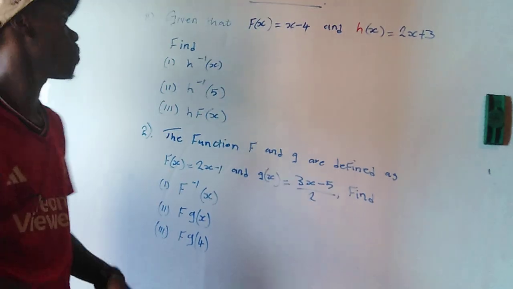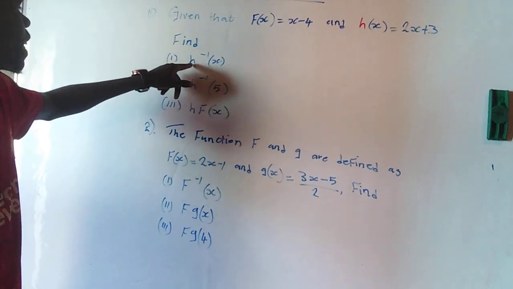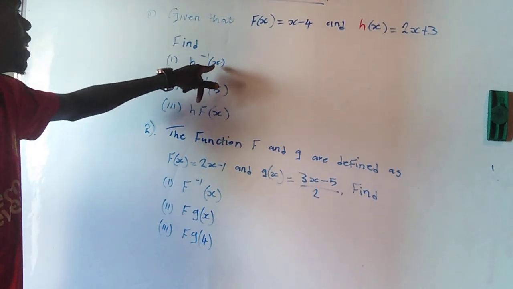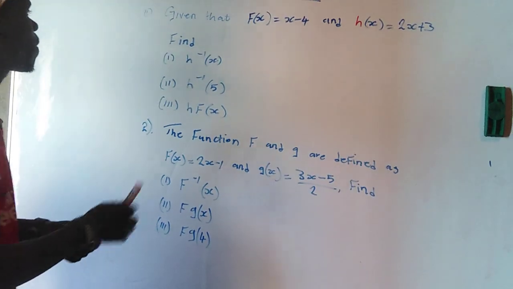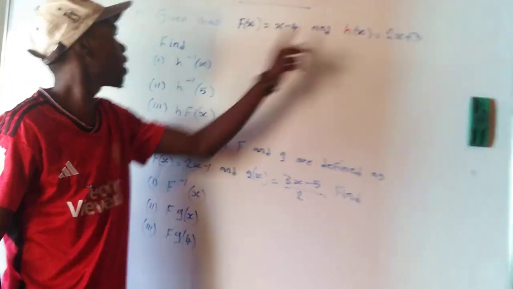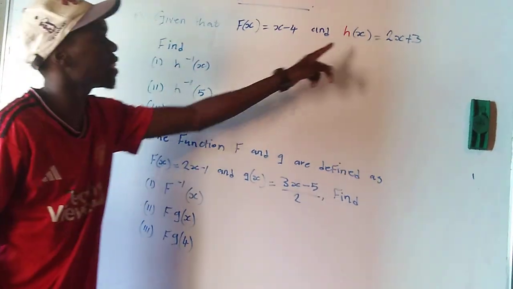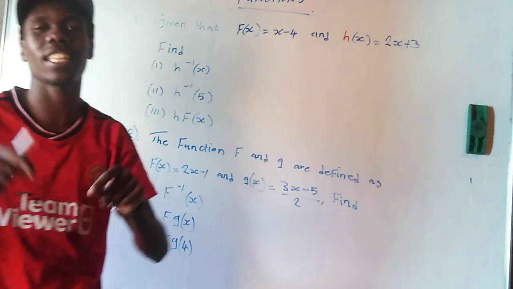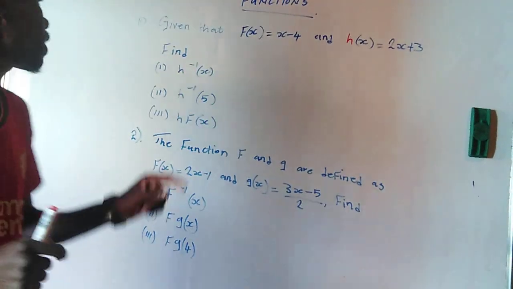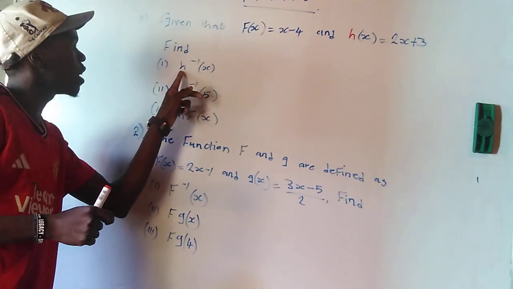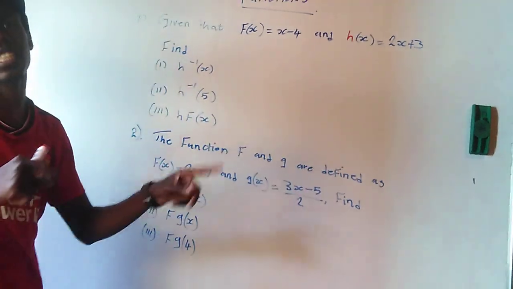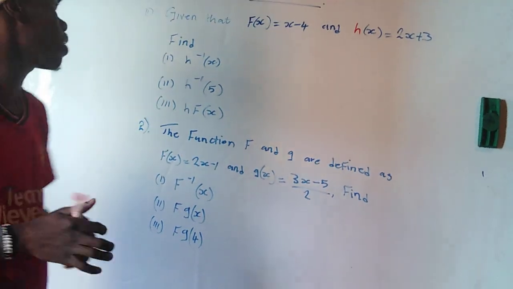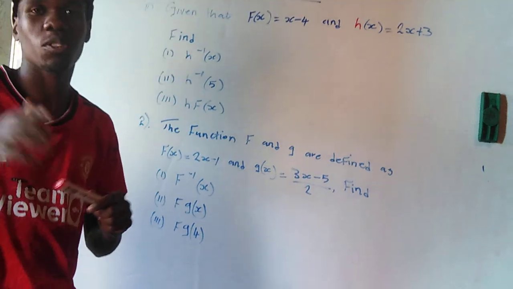The question is saying h to the power negative 1 inside the bracket x, so we are finding the inverse of this. Since there's h here and there's h here, I'm supposed to find the inverse of h. But if we had an f here, I could have found the inverse of the f. This is how you find the inverse of the function.